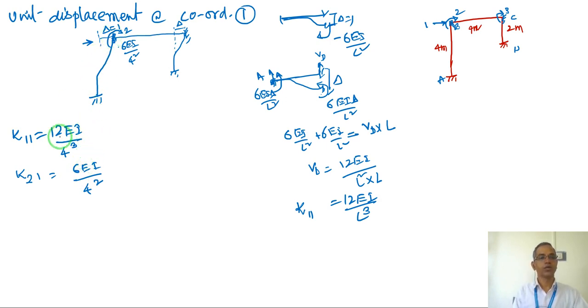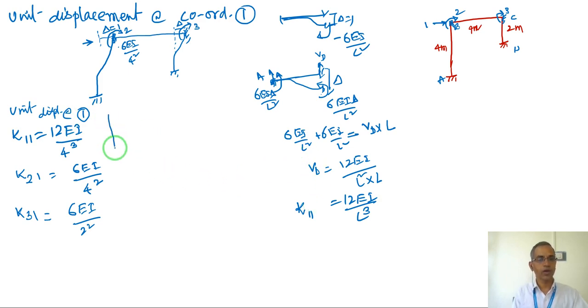Now, due to unit displacement at 1, how much is the moment produced at coordinate 3? Same, delta 1 here and delta is the same thing. So this becomes K31, which is 6 EI by L square, here length is 2 meter, 2 square. So these are the stiffnesses for unit displacement at coordinate 1.